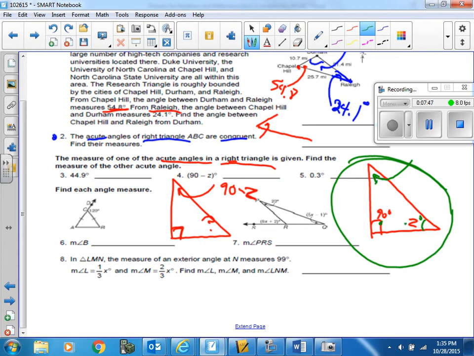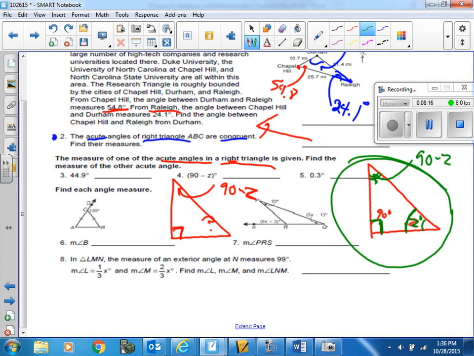But we also know that if this one's 90, then these other two have to add up to 90. They're actually complementary, which will help you out with another piece of your homework. But these two angles are complementary. So if this one is z, and they have to add up to 90, that means this top one has to be whatever z is taken away from 90, or 90 minus z, right?